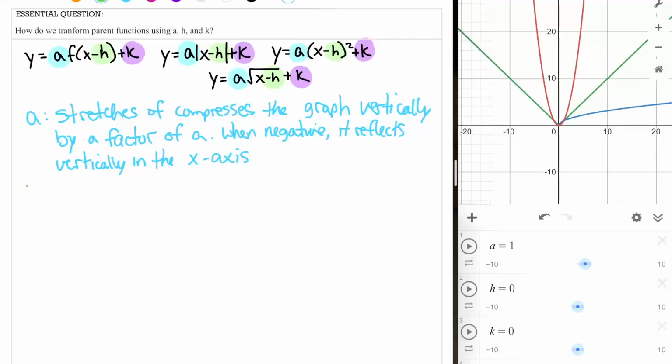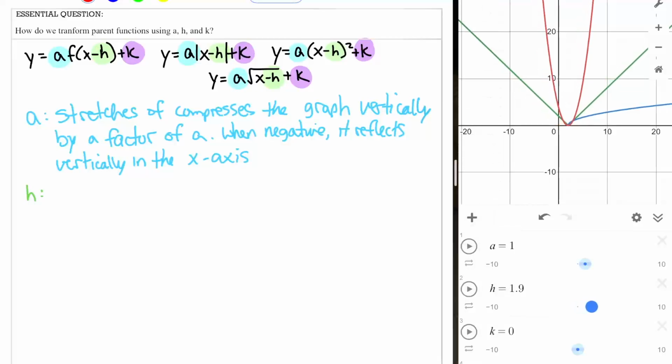Next, we have h. h is the tricky one. That's the one that confuses people because it's x minus h in the parentheses. If you have an h value of 3, that's going to shift the graph left or right, but it's the opposite of the sign in here. If we have x minus 3, the h value is actually positive 3, which is why it's going to shift it to the right.